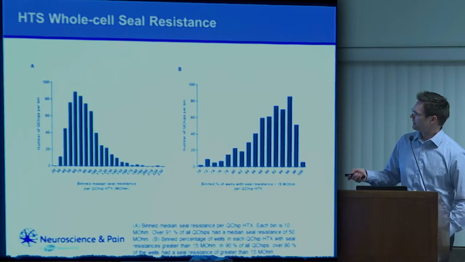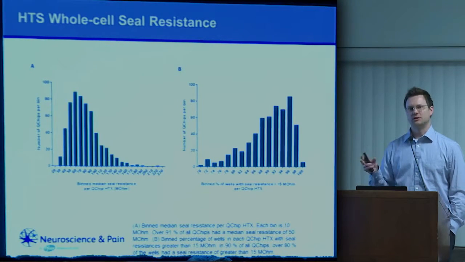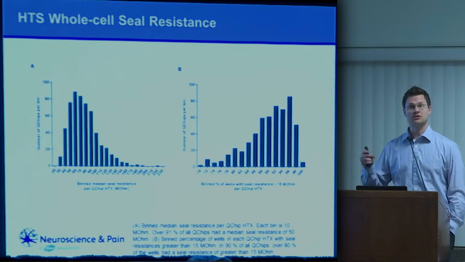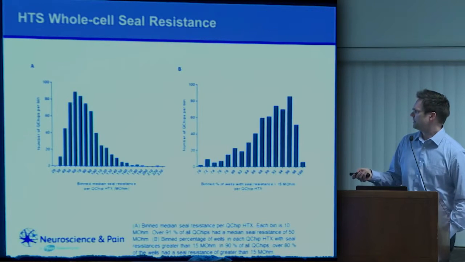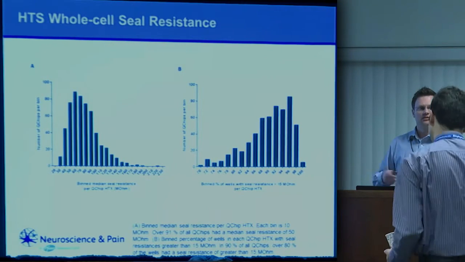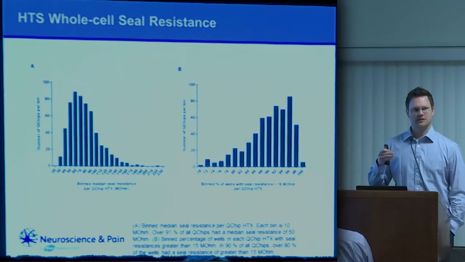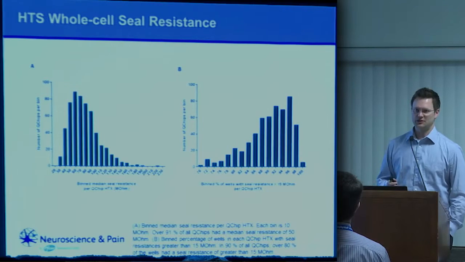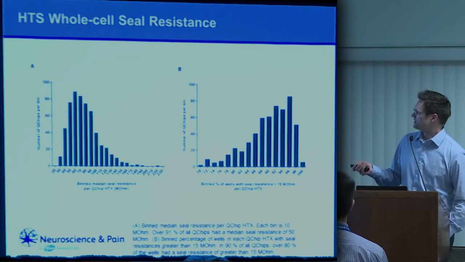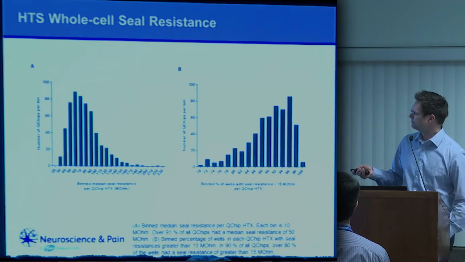So if we're looking at a binned median seal resistance per QChip of greater than 50 mega ohm, which equates to about 500 mega ohm per cell, we've got over 90% of our QChips in that band, suggesting that we had a large number of high-quality seals in the whole HTS.